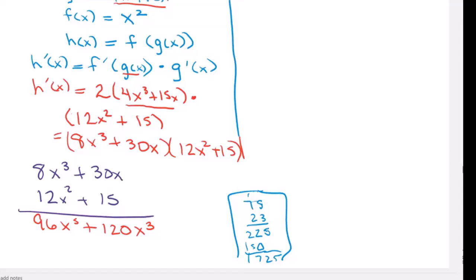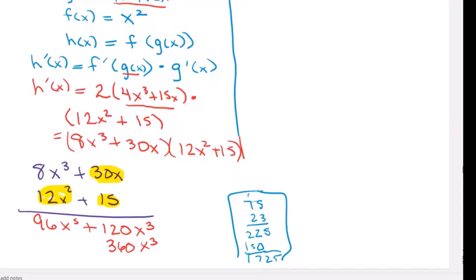Now I've got 8x cubed times both terms on the bottom. Now I'm going to multiply 30x times both terms on the bottom, and I'm just going to put them underneath where they belong. For example, 30 times 12 is 360 x cubed. Why don't I just put it under here? That way I don't have to go hunting for it later. And this is very nice when I have a lot more terms.